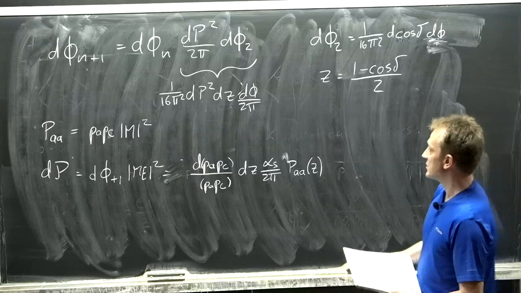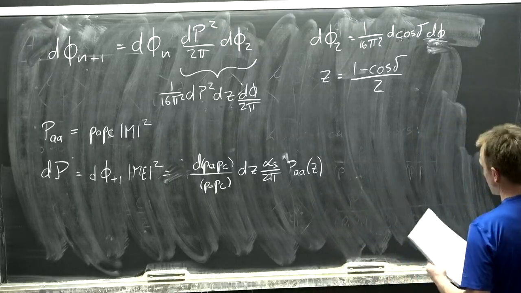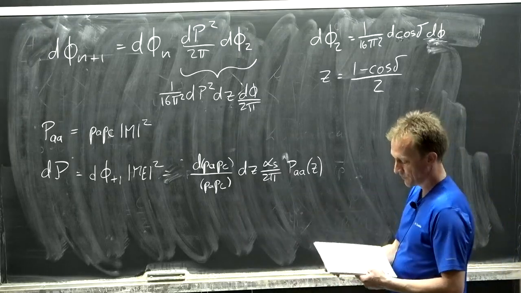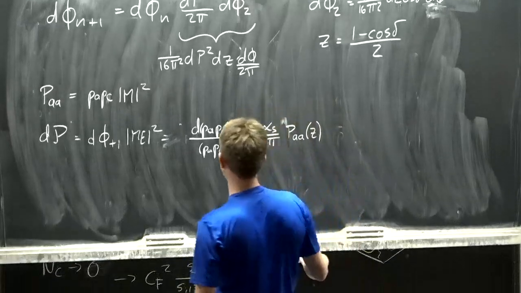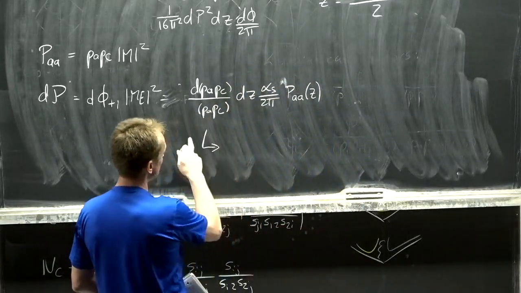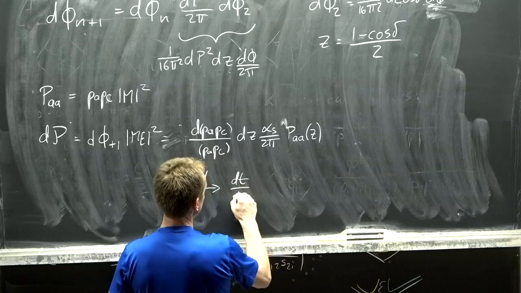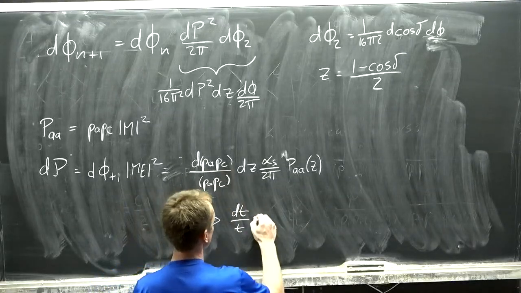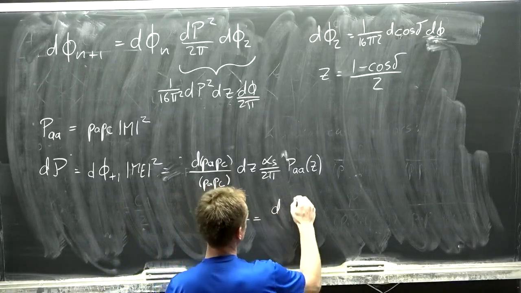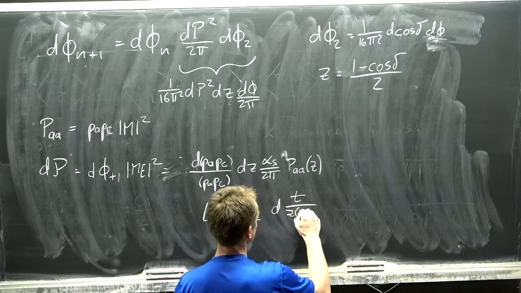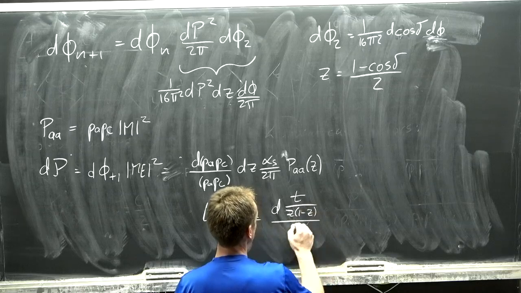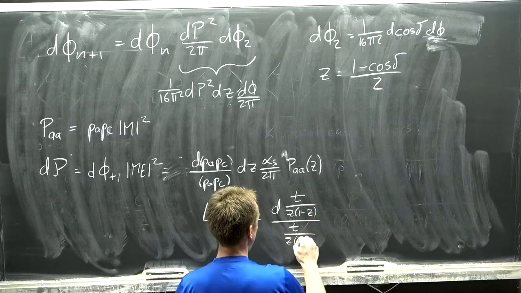Okay. So this is the same probability density that I wrote there, but I wrote it in a slightly different form. And what I would like to do now is say, oh, again, this is obviously a logarithmic integral here. And it's of type dt over t, where t is p_a.p_c. Okay? I can rewrite this as a dt over z times 1 minus z by t over z times 1 minus z.